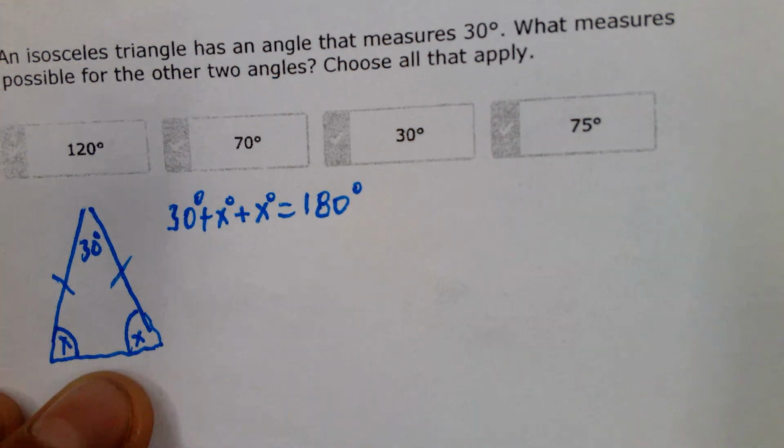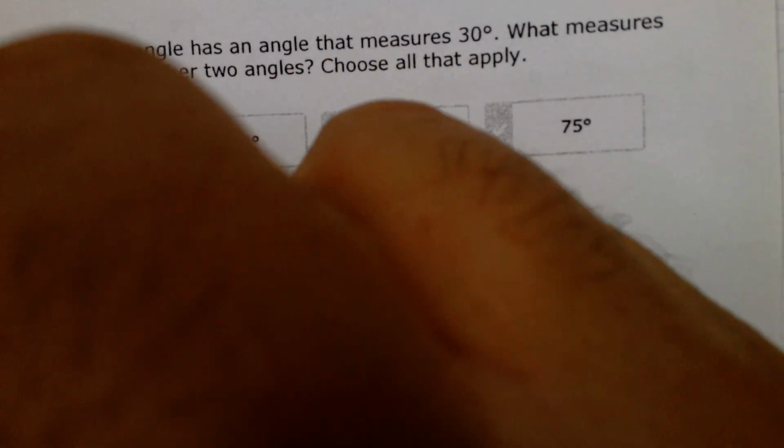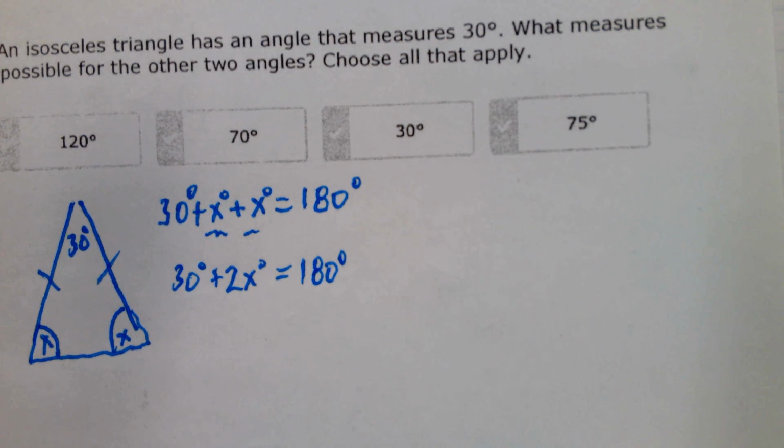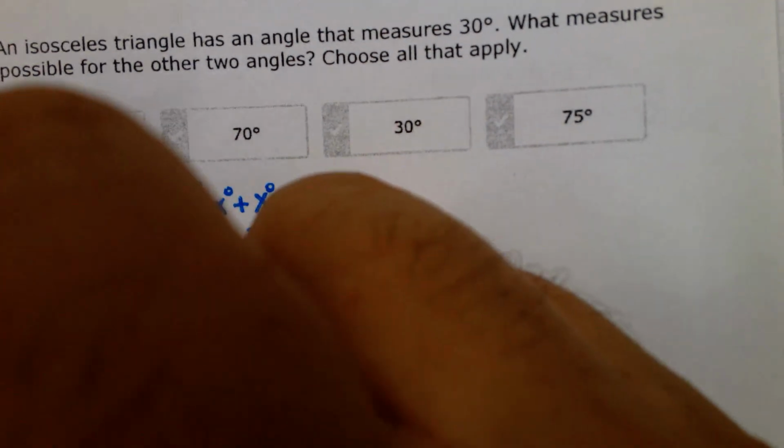Okay. Because this is 2x, right? If I combine these, I get 2x. And you're right. We're eventually going to divide that by 2. I just want to make sure everyone sees why we divide by 2. Okay. Subtract 30.